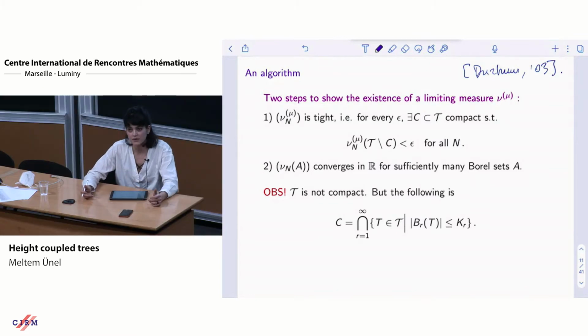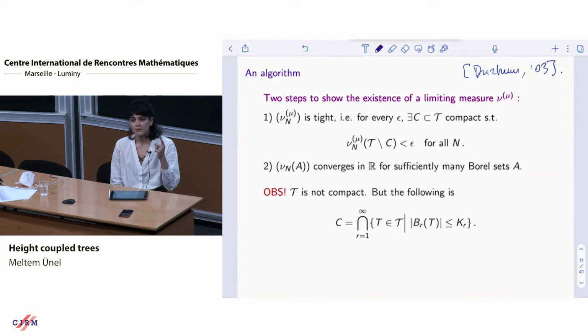It's actually a pretty standard method that brings together some theorems and results from weak convergence of probability measures. So I need to do two things. The first step is to show that my sequence of measures is tight, by which I mean that for every epsilon there exists a compact subset of my space such that the mass of the complement of that compact subset is smaller than epsilon for every n.